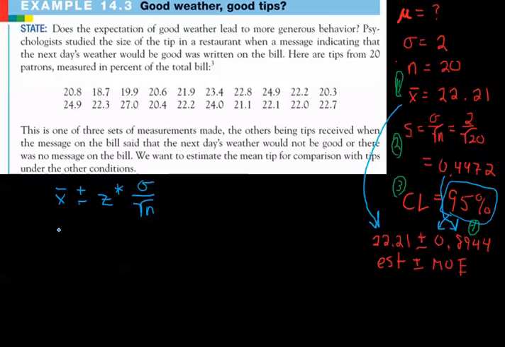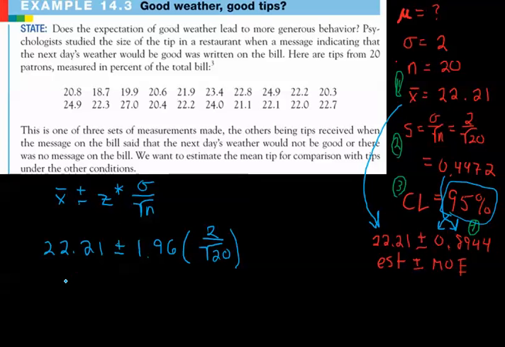And you can see that if we plug this in, our sample mean is still 22.21 plus or minus. Now that we're using this z statistic, we know that rather than using 2 for the 95%, we're going to use the more precise value of 1.96 times the standard deviation of 2 over the square root of 20.